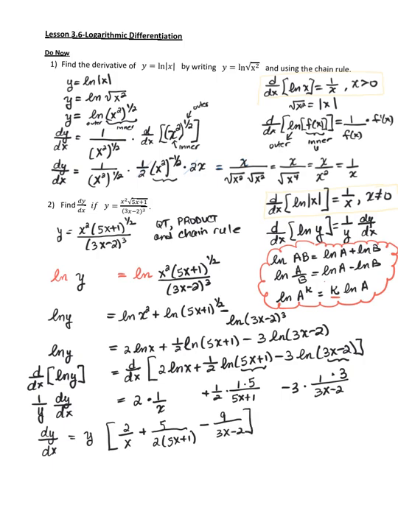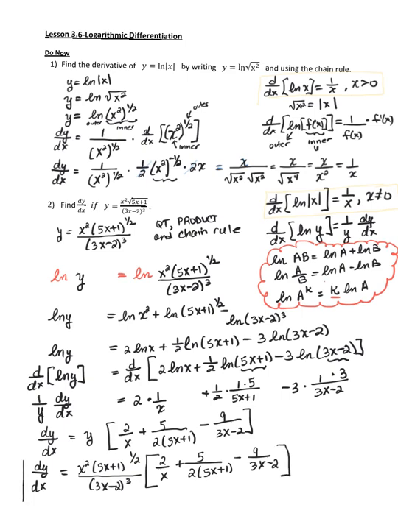And again, finally, the last step is to substitute back what y is, which is x squared times 5x plus 1 to the 1/2 over 3x minus 2 cubed times, and we just bring it down. And this would be the derivative of our complicated expression.